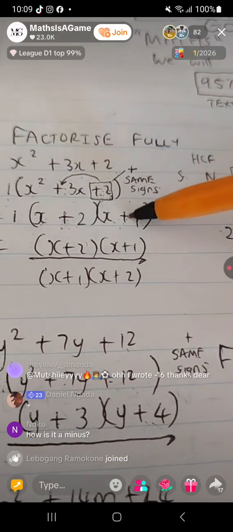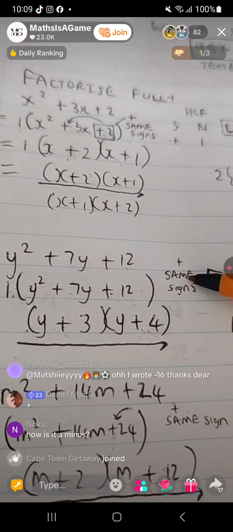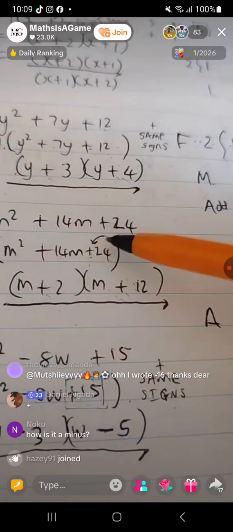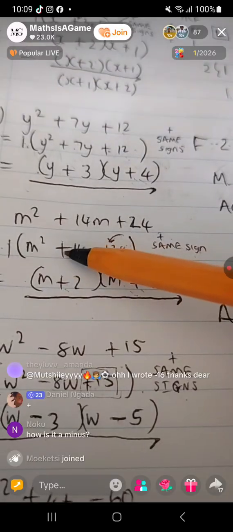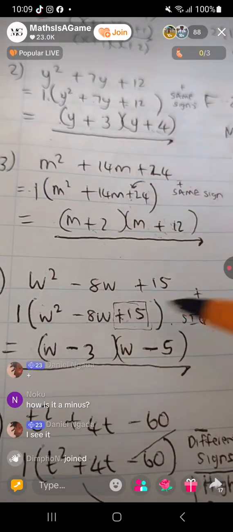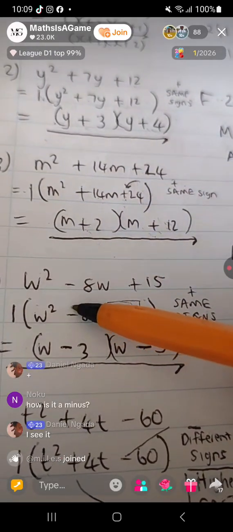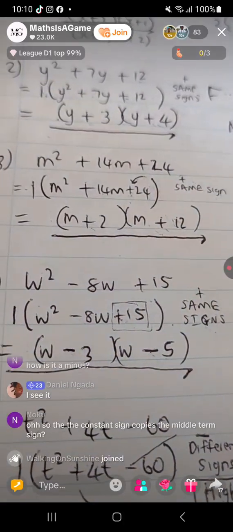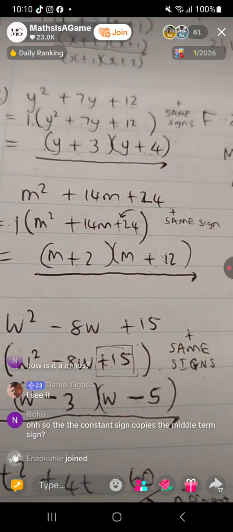That's why we have positive, positive. Positive means same sign, according to the sign of the middle term. Negative, negative. Positive means same sign.